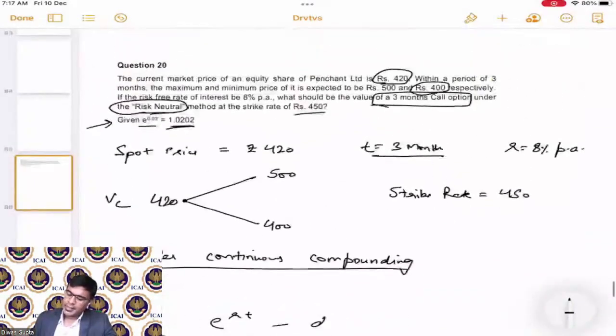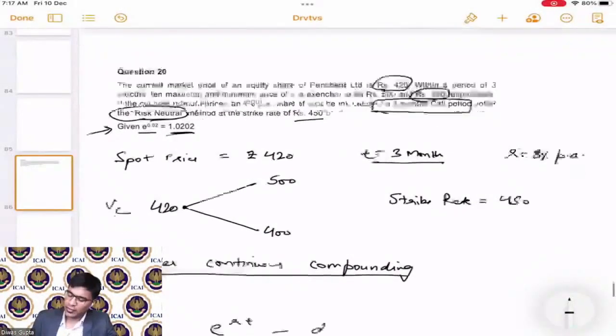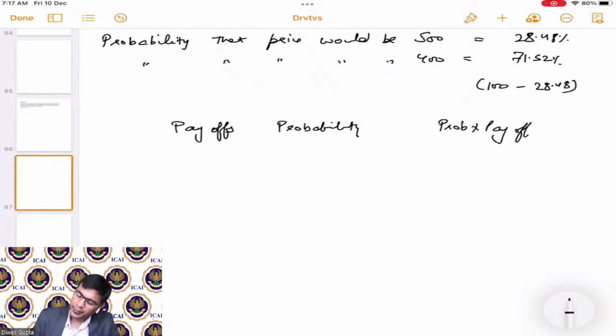Now, the next part is the value of the option. Can we say what would be the payoffs? Payoffs, probability, then probability multiplied by payoffs. The price, we can put it like this.